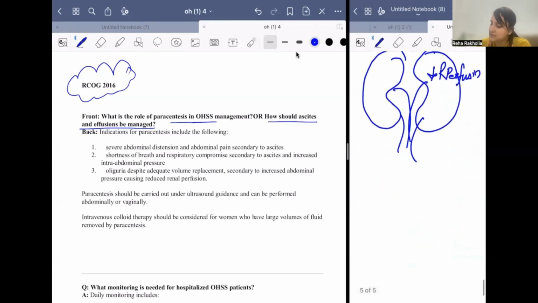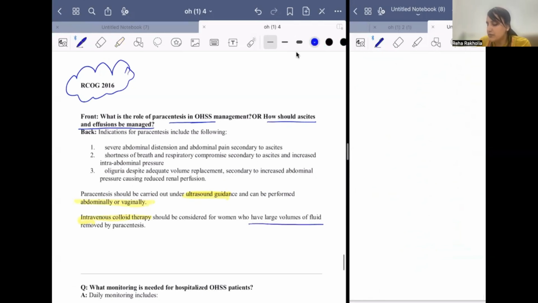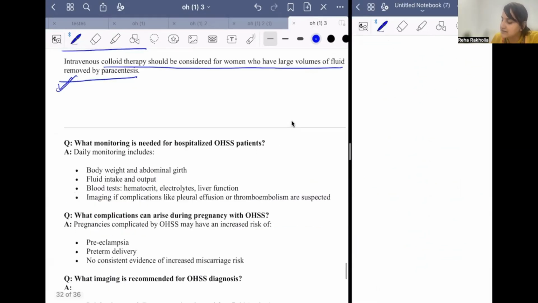So paracentesis should be carried out under ultrasound guidance, okay, and can be performed abdominally or vaginally. Intravenous colloid therapy should be considered for women who have a large volume of fluid removed during paracentesis. Monitoring is needed for the hospitalized OHSS patient.